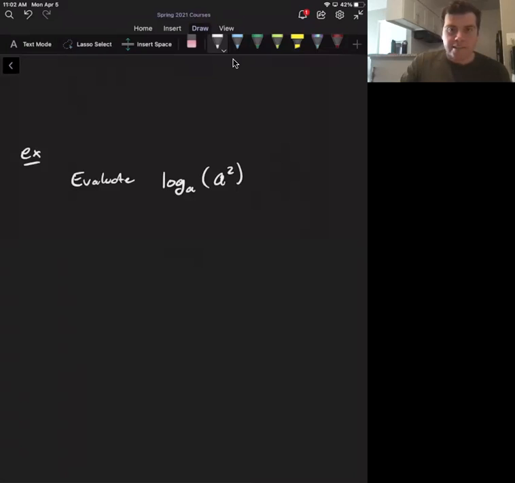We'll use the exact same tricks that we used right above. We set this equal to y. And now we look at what we're solving. We have a to the y equals a squared. And therefore, y is just 2. It's the same logic over and over again.